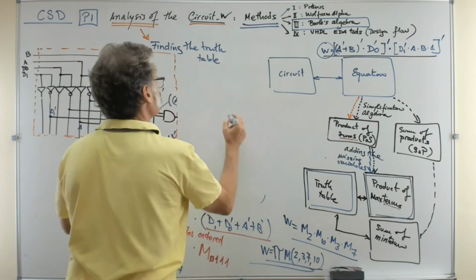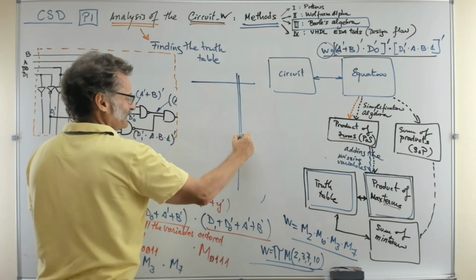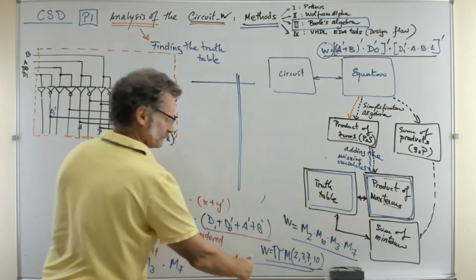And now you can finish this exercise organizing the truth table version of the product of maxterms that you've been developing here.